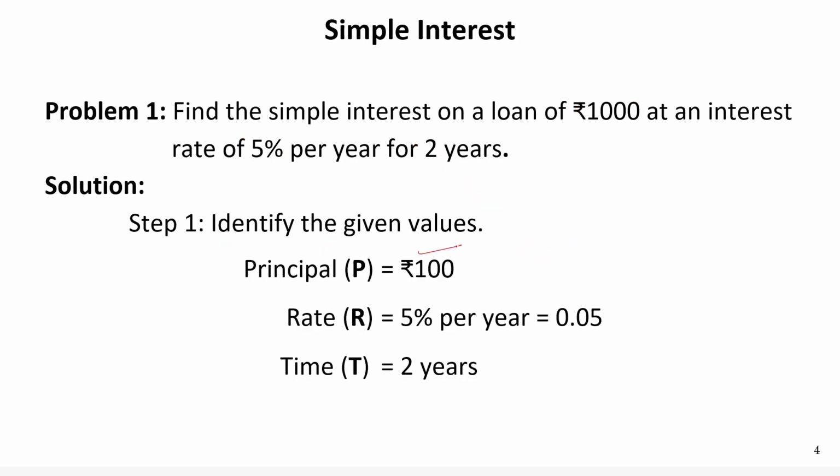So principal is 1000. The rate is 5% or 0.05, but the earlier formula wants it in percentage form, not in decimal form. If we convert this to decimal form, the formula will be simple interest is equal to P into R into T. Time is given as 2 years.